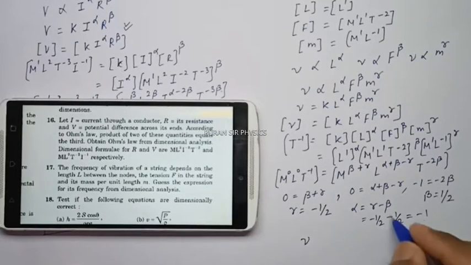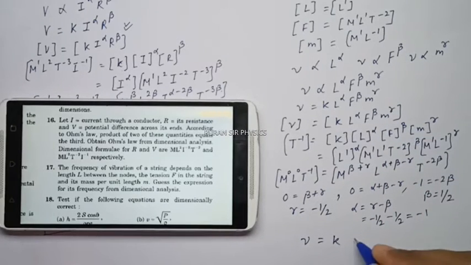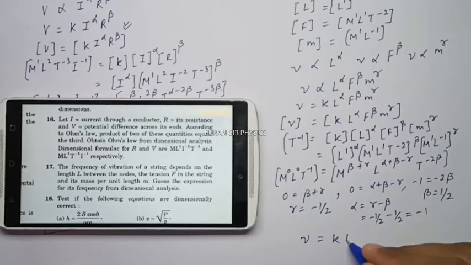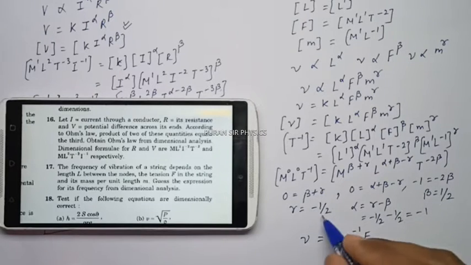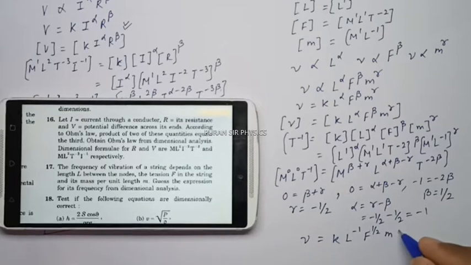Now we can substitute all these values in this equation, so we will get k, L raised to power alpha which is minus 1, F raised to power beta that is 1 by 2, and M raised to power minus 1 by 2.